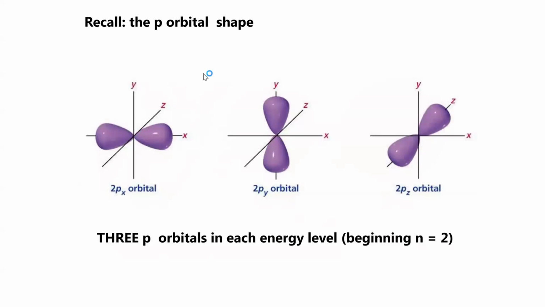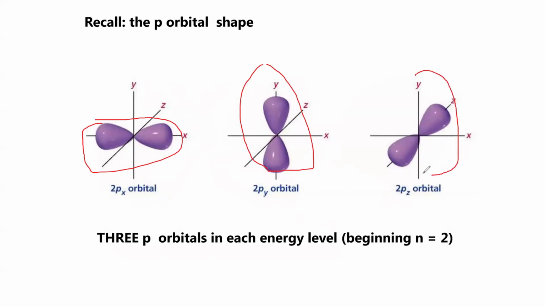So we have px, which is horizontal, and then 2py is vertical, and for 2pz it's somewhat slender. So that is the different shape of px, py, and pz, and we should all know this. It is important in hybridization.